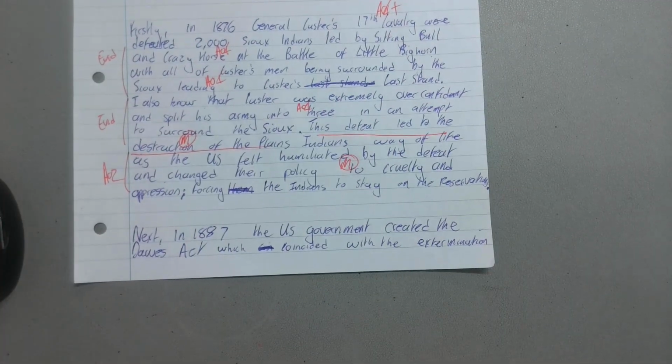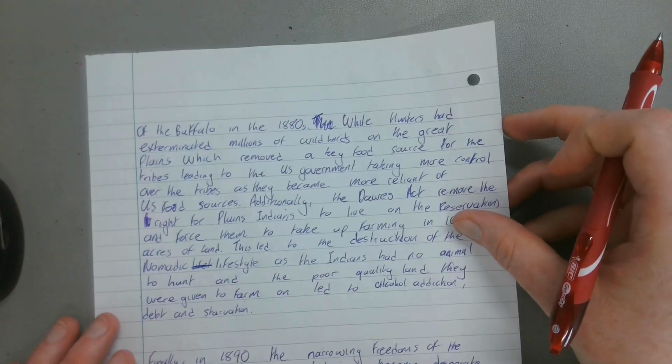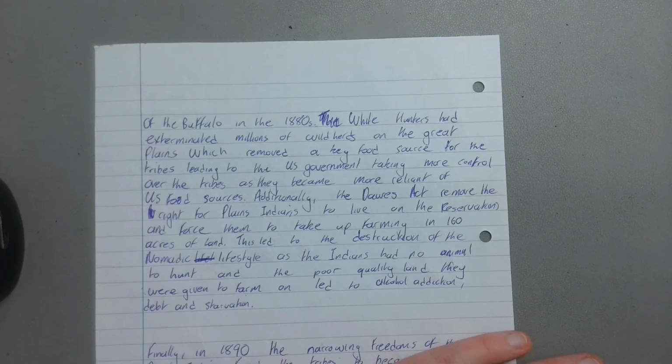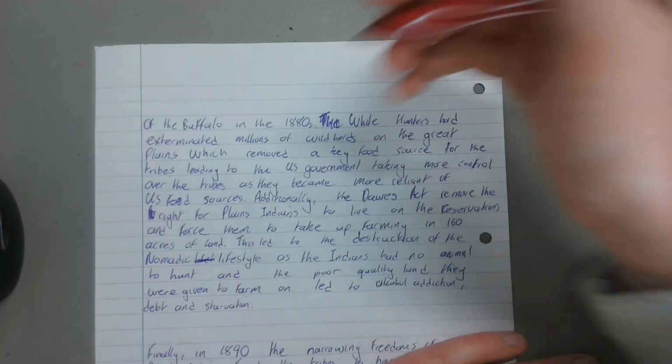Next, in 1887, the US government created the Dawes Act, which coincided with the extinction of the buffalo in the 1880s. White hunters had exterminated millions of wild herds on the Great Plains, which removed the key food source for the tribes, leading to the US government taking more control over the tribes as they became more reliant on US food sources.